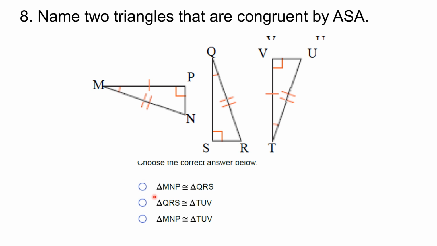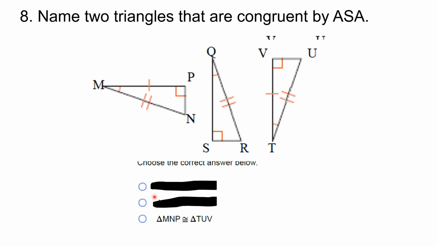Notice that 2 of the answer choices involve the middle triangle, QRS, that we have now eliminated. So we can automatically eliminate those 2 answer choices. That leaves us with just this one answer choice: triangle MNP is congruent to triangle TUV.